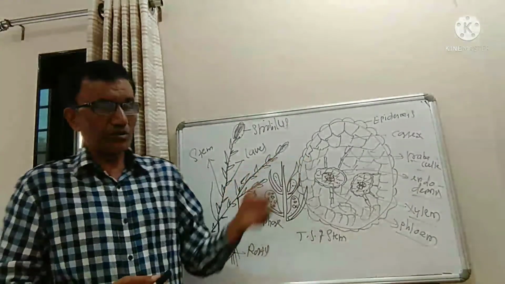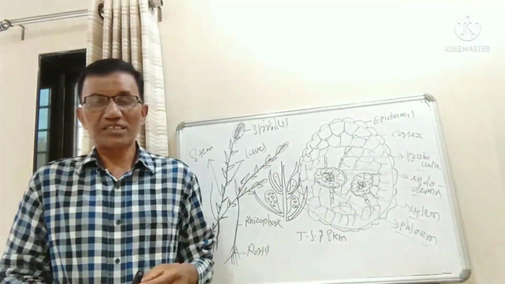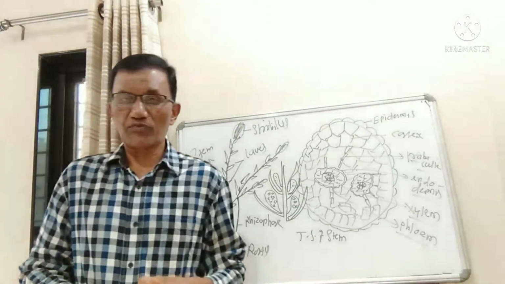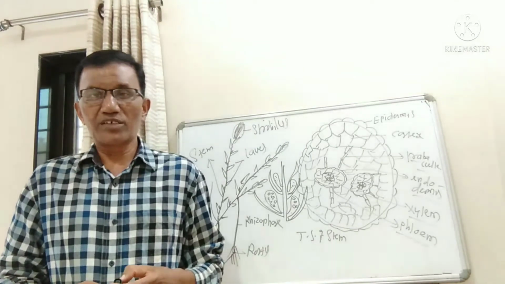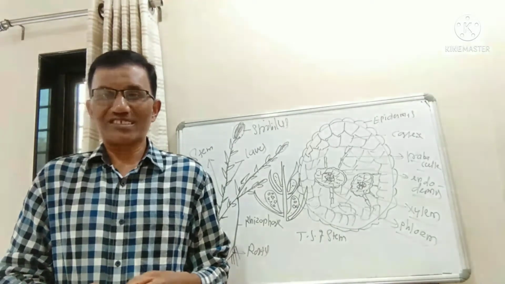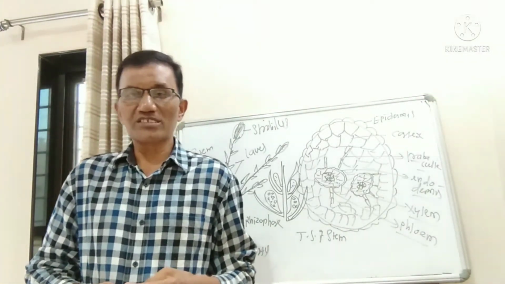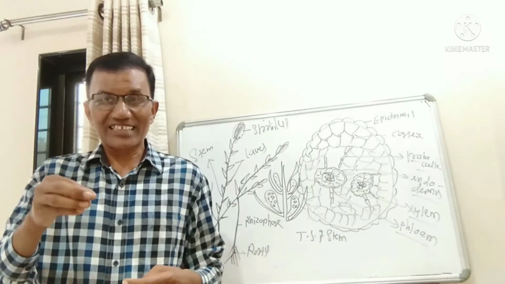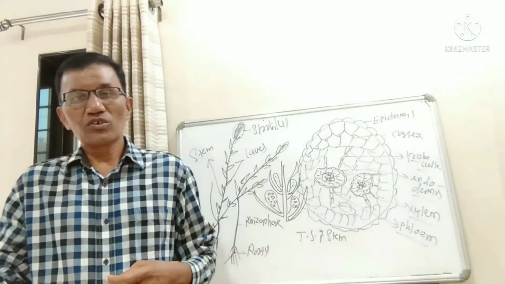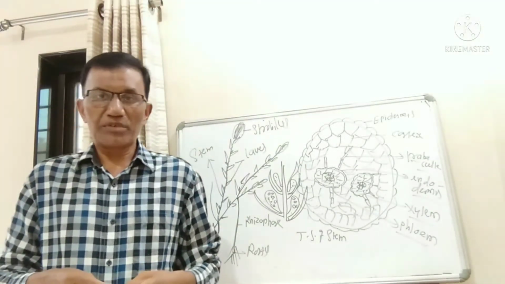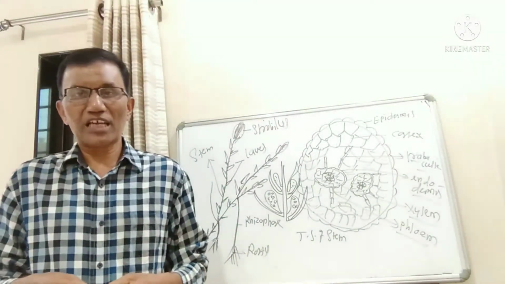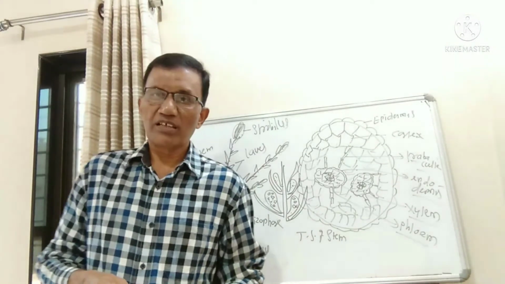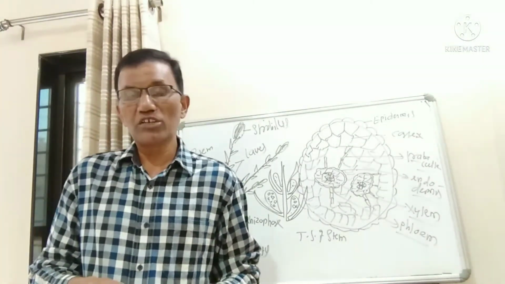After the development of gametophytic plants, in the gametophytic phase, there is formation of antheridium and oogonium. The oogonium produces the egg and the antheridium produces antherozoids. Antherozoids act as male gametes and the egg acts as the female gamete. Antherozoids are motile, and these motile male gametes come in contact with the oogonium, where the fusion of male and female nuclei takes place.